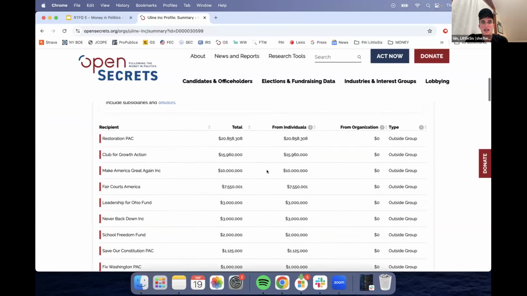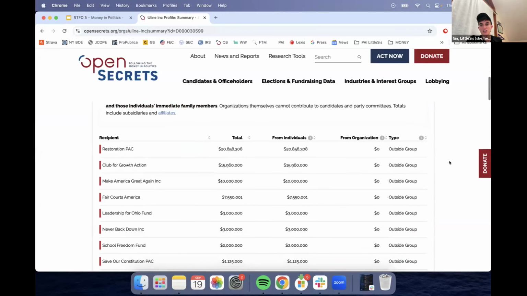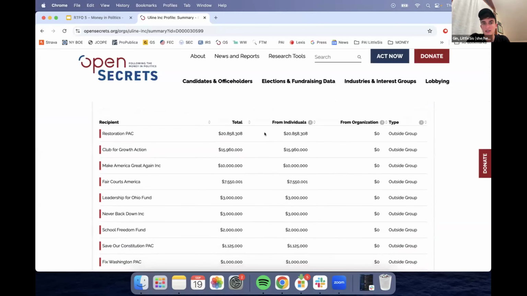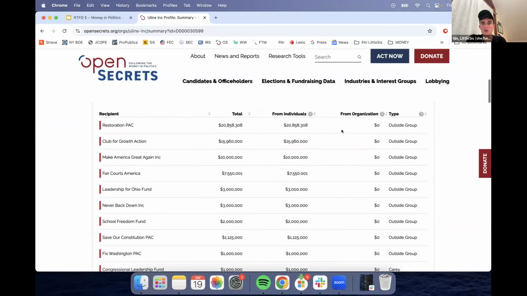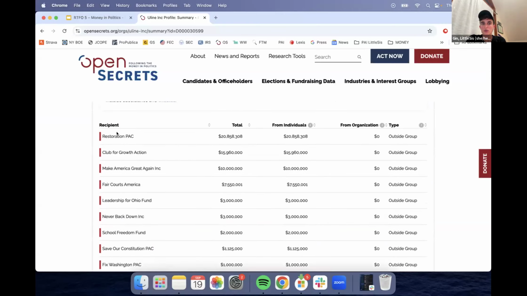You see the top recipients for this particular cycle from Uline. And so again, it's showing the amount of money total, the amount that's from individuals that are connected to Uline, and the amount from the organization itself. And it's also showing the type of recipient that took in the money, or who this recipient is.